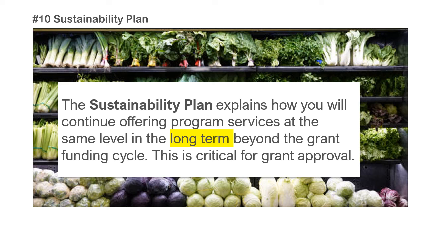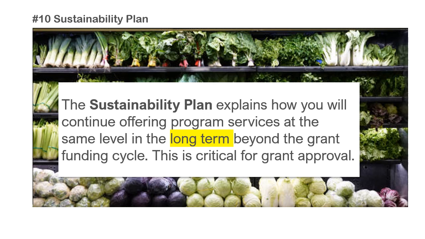For example, no grant funder wants to be your only source of revenues. They want you to be able to explain how you're going to keep going with the community garden if they don't give you any money next year.